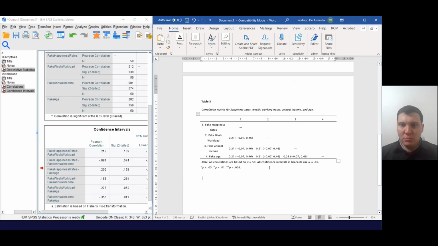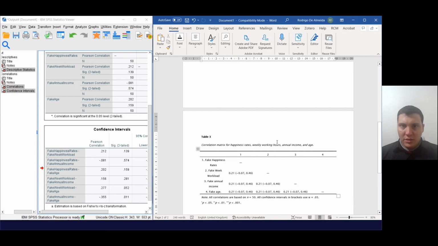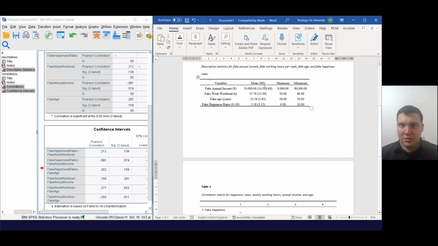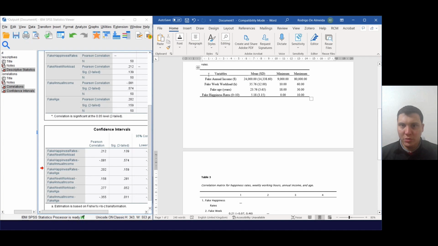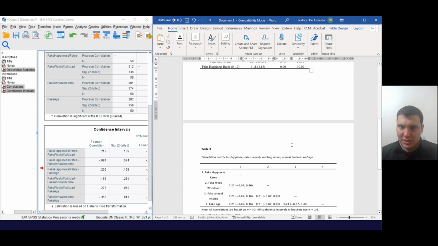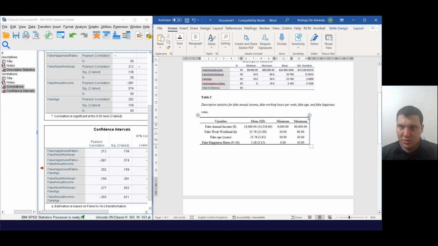Now, a way to complete this example is to combine the two tables because we're talking about the same 4 variables. So we can extend here. For example, we can extend this one with 1, 2, 3, 4 more columns.